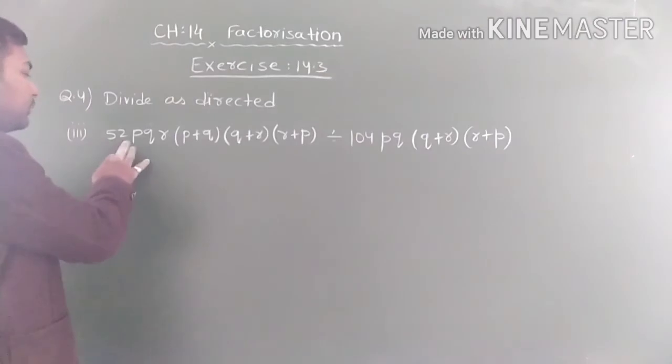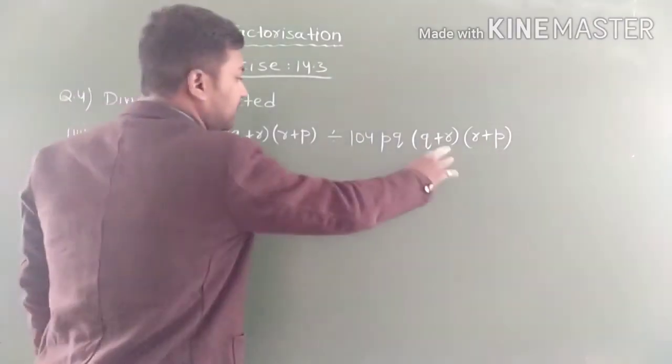Okay. Now next one, question number 3. 52 PQR is the first term, and this is the second term. We have to divide it.